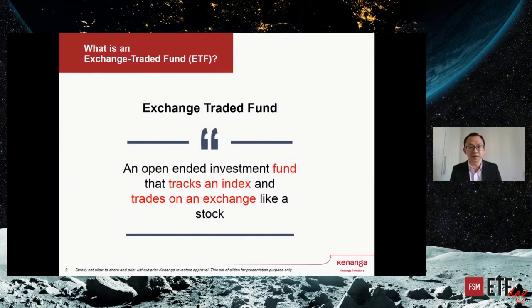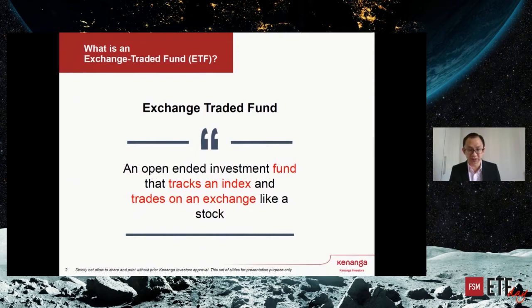Give you an example. If today I have an ETF on FBM 100, that means this fund will buy into all the components of FBM 100 shares, follow the weightage and track the FBM 100 index.